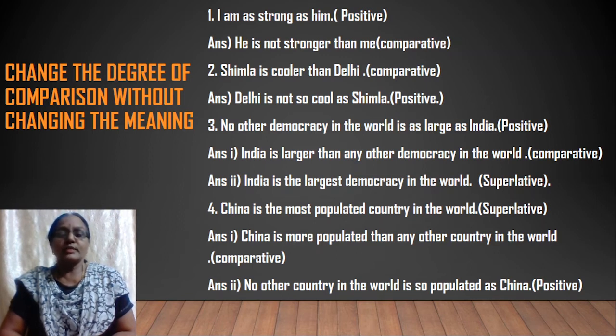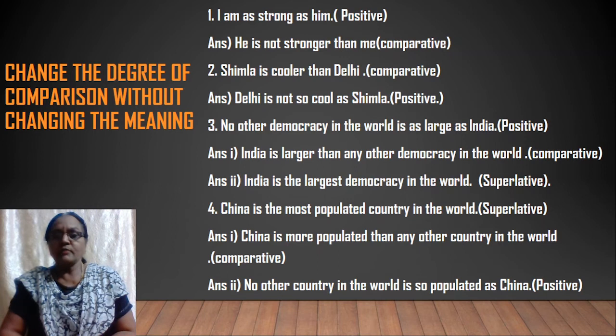Let's go to the second sentence. Shimla is cooler than Delhi. Again, we are comparing Shimla with Delhi. So it's a comparative degree. We can have only a positive degree here. So Delhi is not so cool as Shimla.